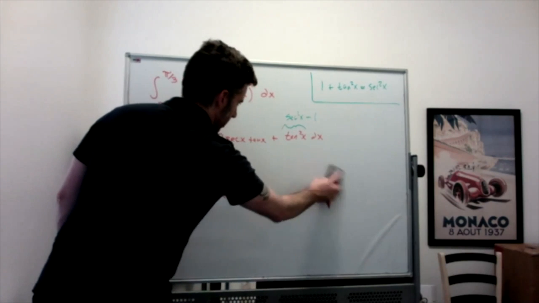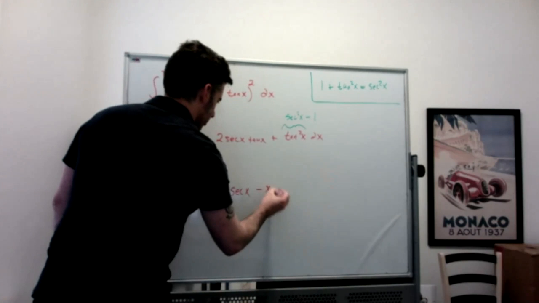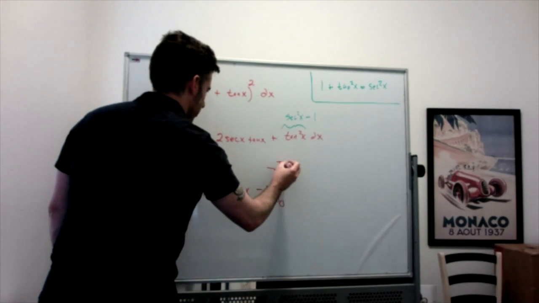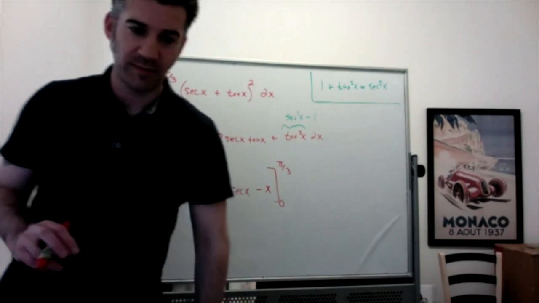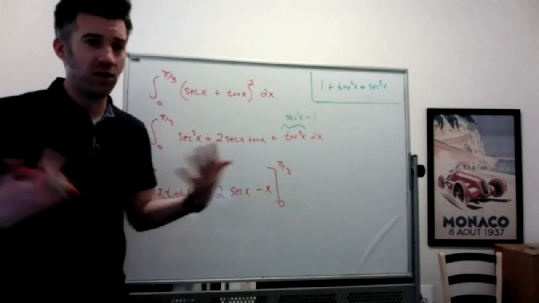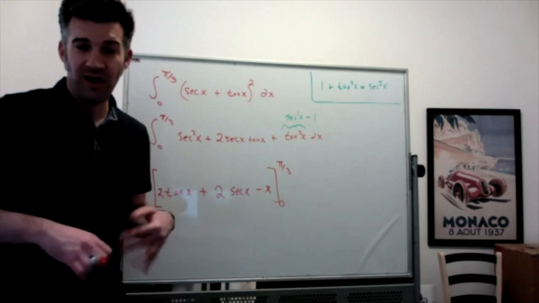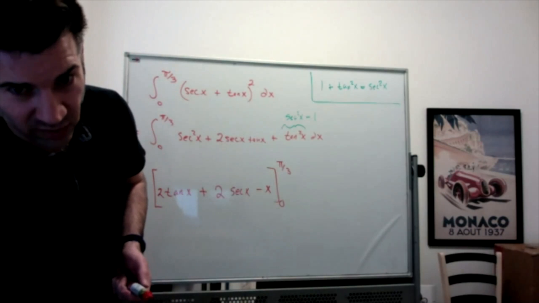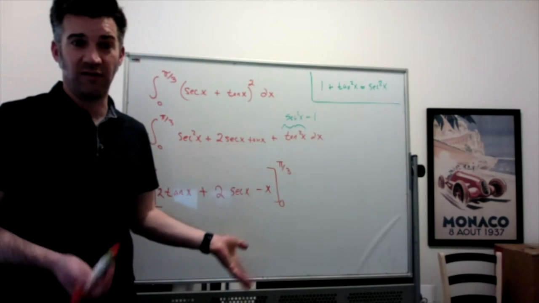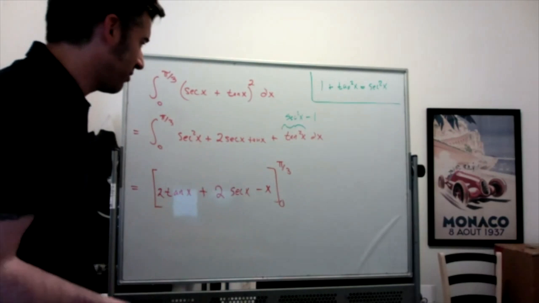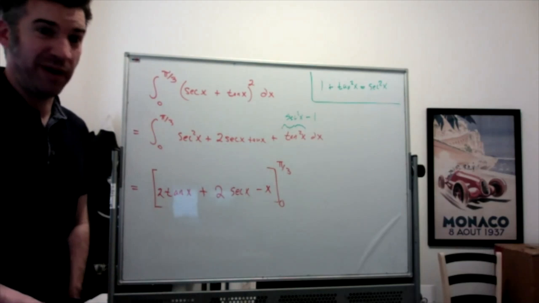That makes it a little bit nicer. And then the evaluating part. So here's the thing. If you've gotten this far, you've done all the calculus. The rest is just using your trigonometry or algebra skills to plug in these limits of integration and evaluate the thing. So if we plug in pi over 3, what's tangent of pi over 3?